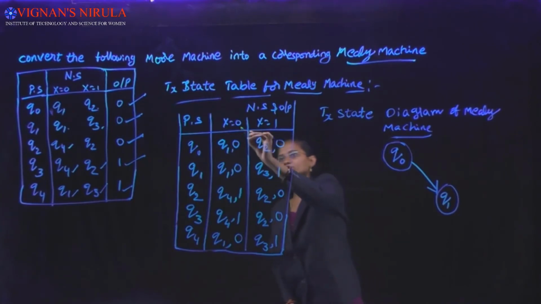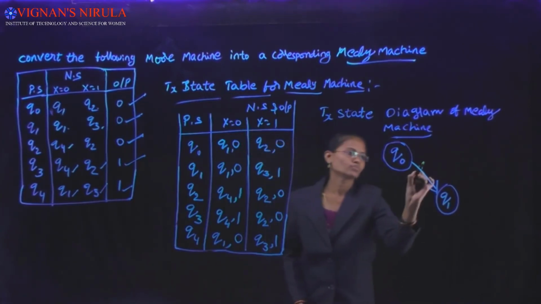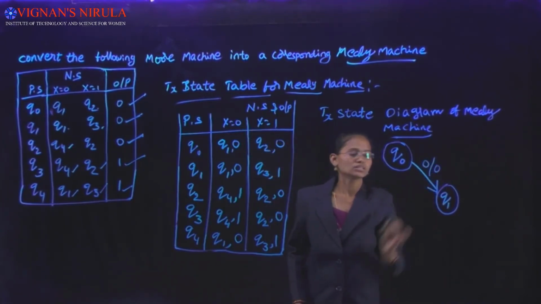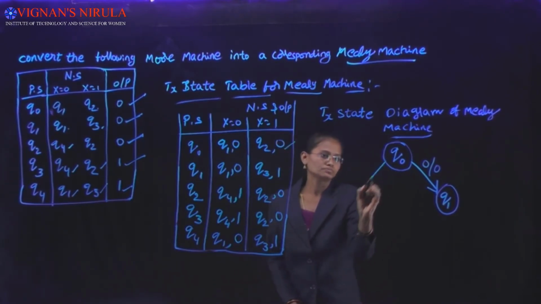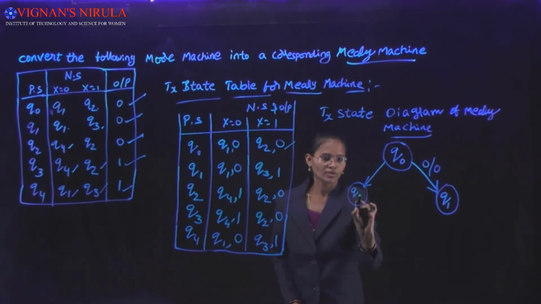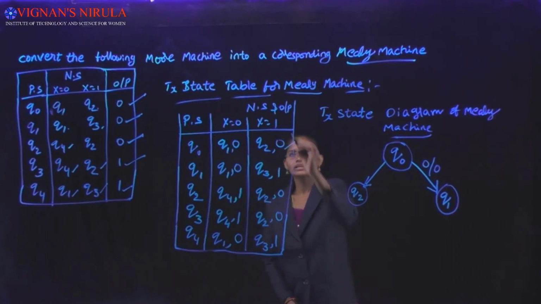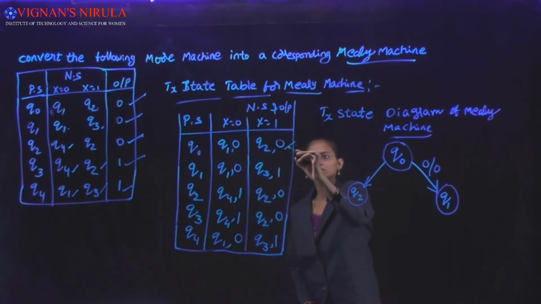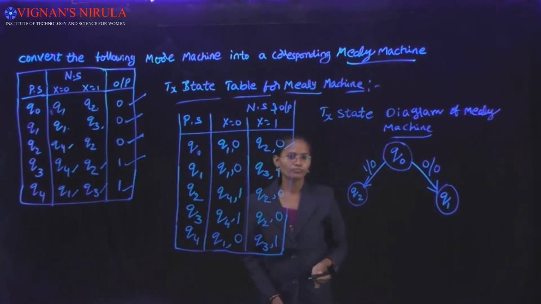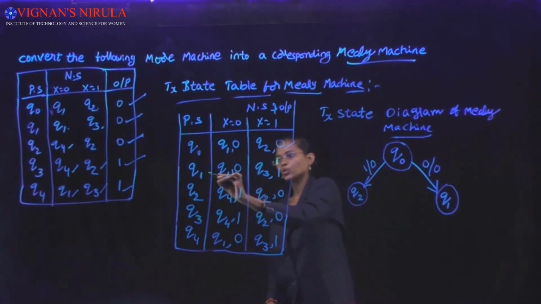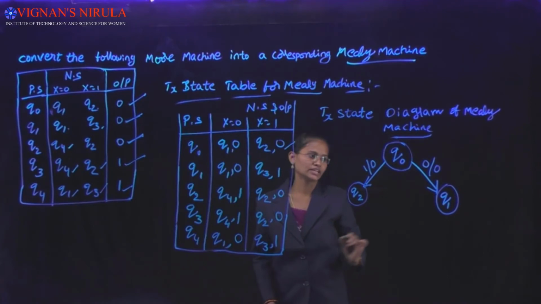Q1, if x equal to 0, then output is 0. So 0 by 0. If x equal to 1, the next state produced is Q2. Q2, here the input is 1, then output is 0. So 1 by 0. And next Q1, Q1 is the present state.